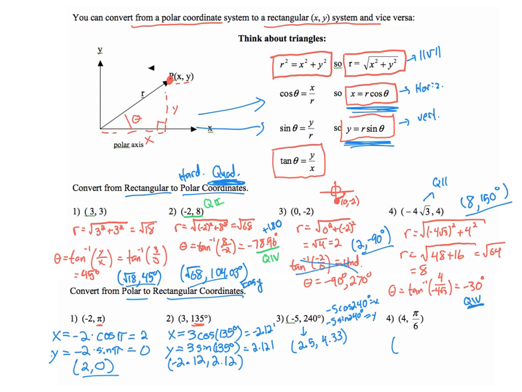For my x-coordinate, I know that 4 times cosine of pi over 6 would be 4 times the square root of 3 over 2, because cosine of pi over 6 is the square root of 3 over 2. And then 4 times sine of pi over 6 is 4 times 1/2. So this would end up simplifying down into 2 times the square root of 3 and 2, because both of these fractions simplify into these numbers.